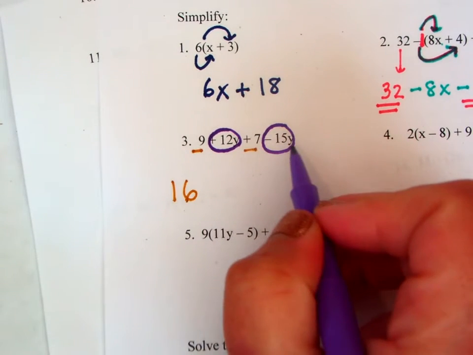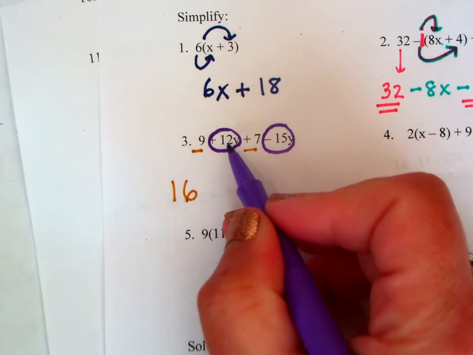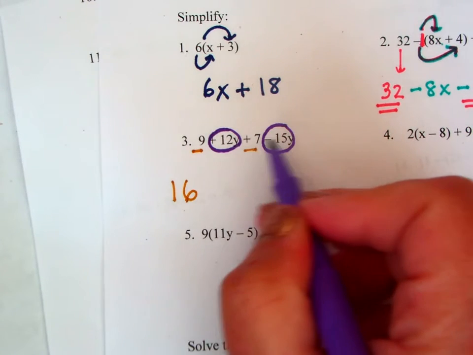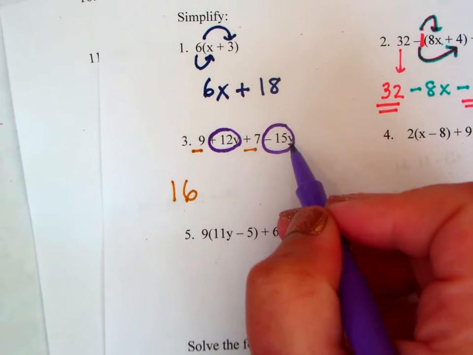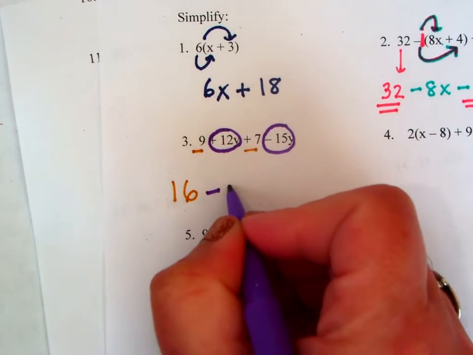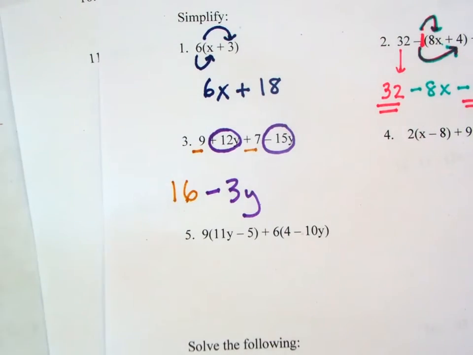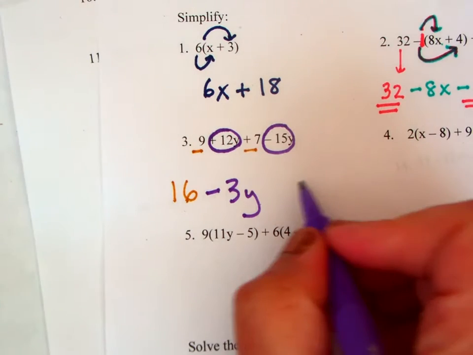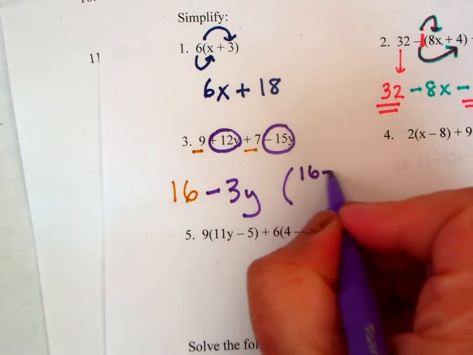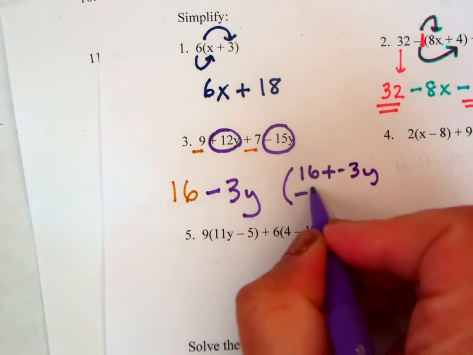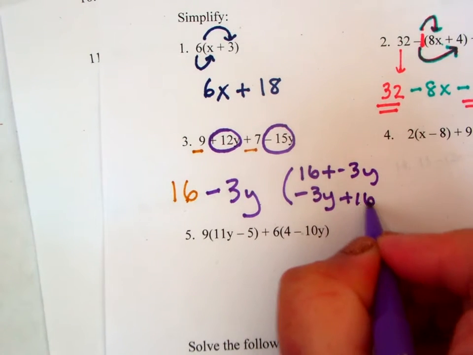Now remember, a -15 and a positive 12, you can cancel out 12 of them, but you still have 3 negatives left. So it would be a minus 3y. Okay, so 16 minus 3y. And options of 16 plus -3y, of course, or -3y plus 16 are all fine as well.